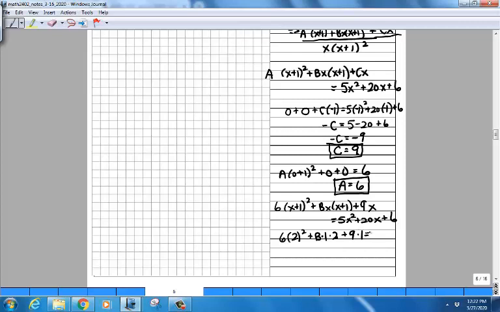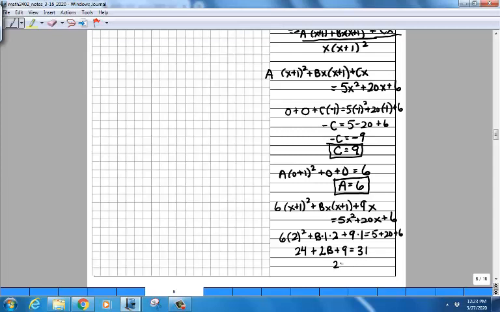What happens on the right-hand side of this equation? Well, you get 5 times 1 squared, so that's 5 plus 20 plus 6. Let's see what all this simplifies to. This is 6 times 4, which is 24, plus, not 3b, 2b, since b times 1 times 2 is 2b. And then plus 9 is equal to 5 plus 20 plus 6, which is 31.